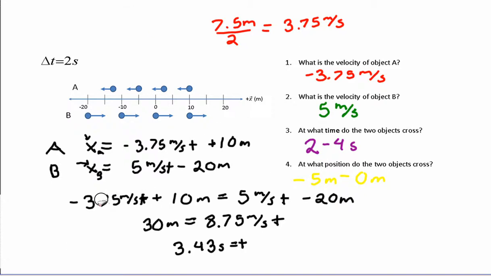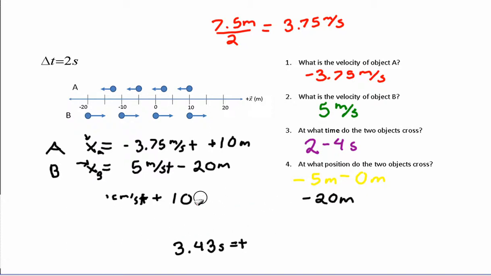With that same idea in mind, how do we find the position exactly? Well, now that you know that the crossing occurs at this time, you could go back and substitute it into either equation, meaning I could plug it into here or here. You'll get an identical answer and find the exact position.